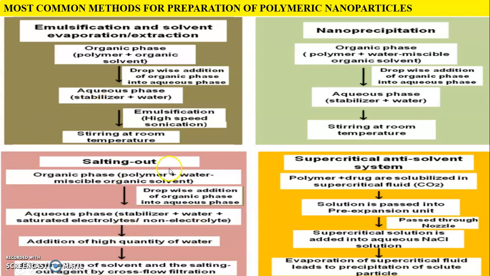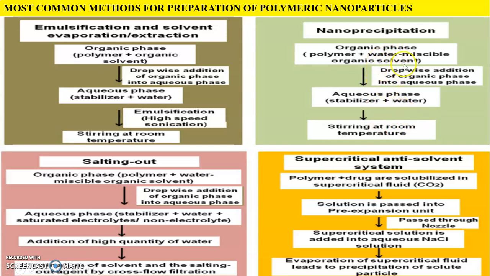Now I shall give you some more information regarding this nanoprecipitation method. The organic phase contains the polymer and the water miscible organic solvent. It is added drop wise into an aqueous phase which contains the stabilizer and water. Now this organic phase is basically a water miscible solvent, and the polymer is basically water immiscible.